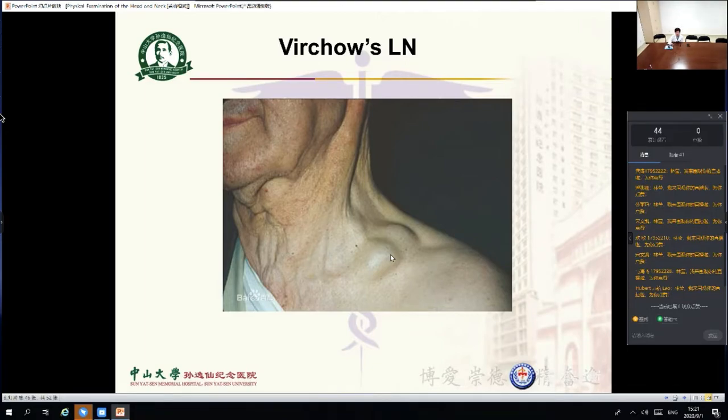Could be gastric, could be pancreatic, could be biliary, and esophageal, and sometimes the lung. So pay attention to check the supraclavicular area to identify if the patient has the Virchow lymph node, especially on the left. I don't know why it's the left, but most of the Virchow lymph nodes were identified in the left supraclavicular area. Okay, so this is the Virchow lymph node.